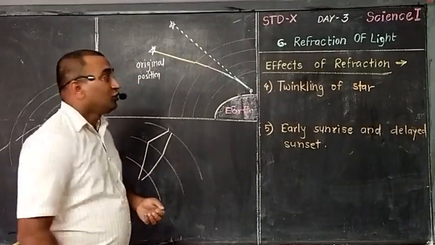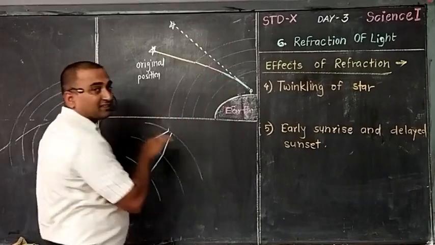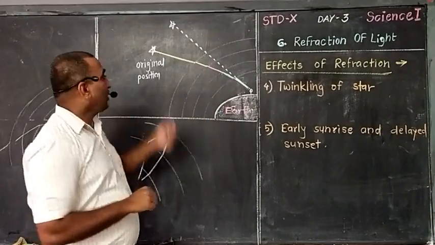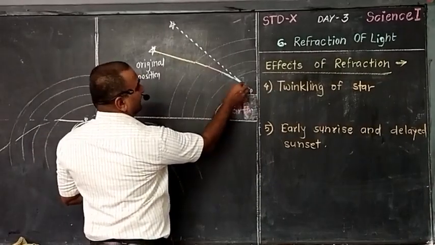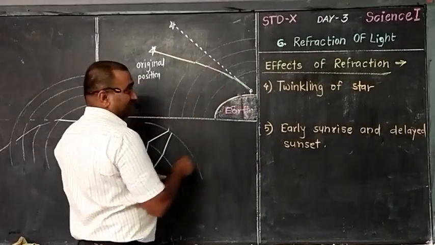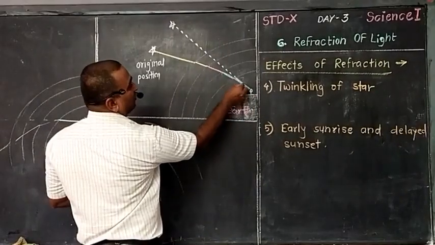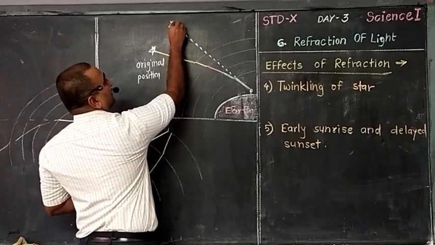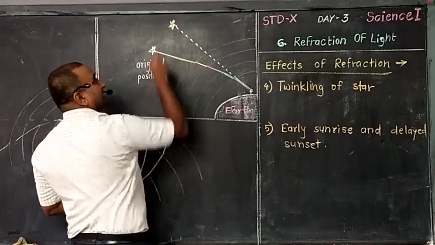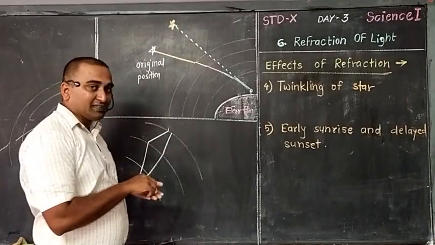But though this light has traveled in a curved path, not a straight path, the observer gets the light coming straight to him, so we have to extend this line, and the observer observes the star a little above the original position of the star.